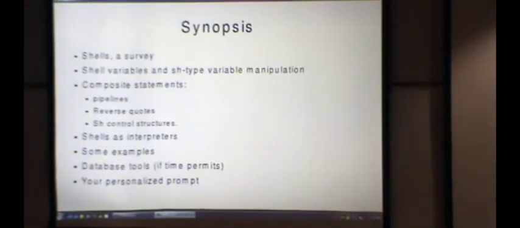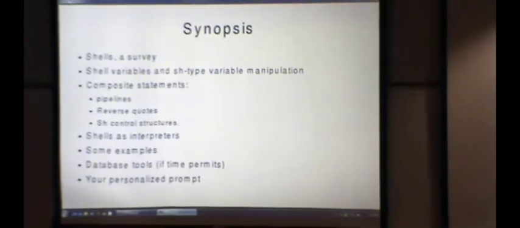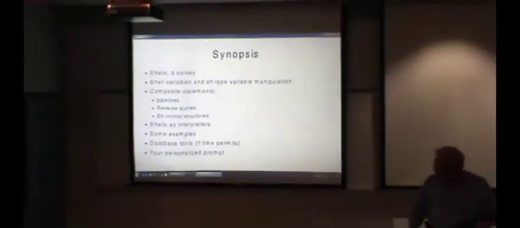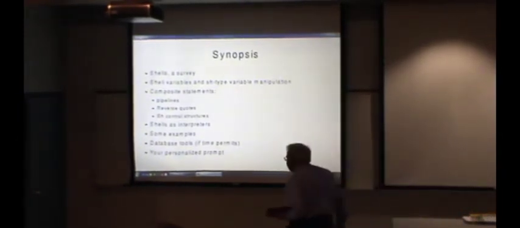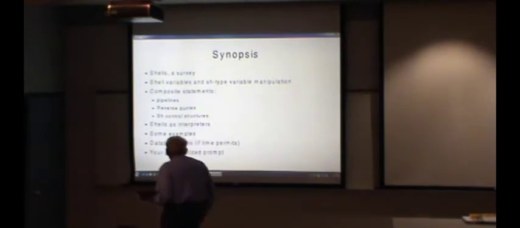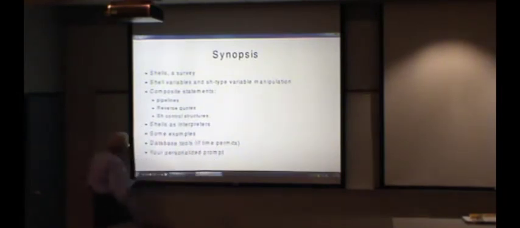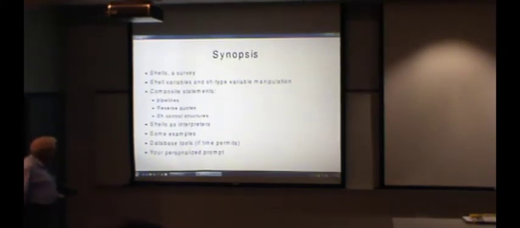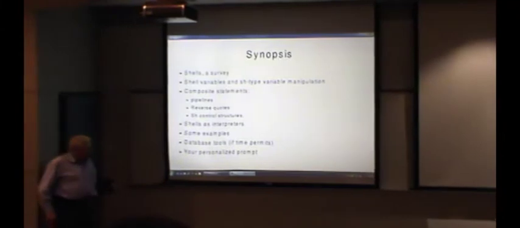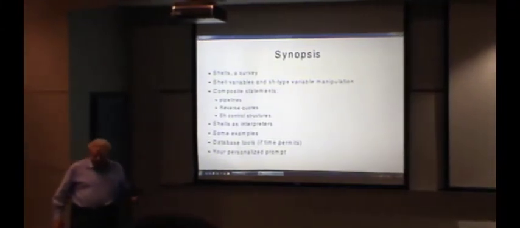And so we're going to talk a little bit about programming in the shell. We have variables. In some shells, not all of them, we have arrays. We're going to talk about how to do arrays in one of the shells. We're going to talk about composite statements, about pipelines, how to use reverse quotes, and I have a very perverse example. And then we're going to talk about some shell control structures.